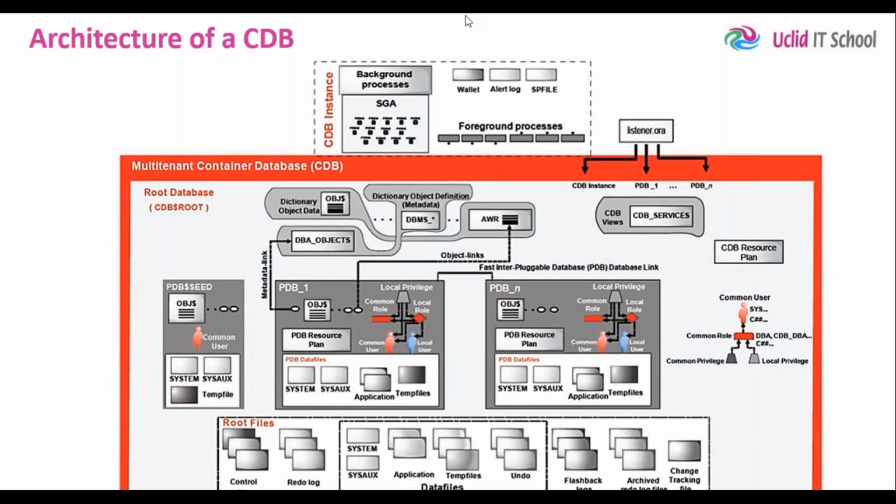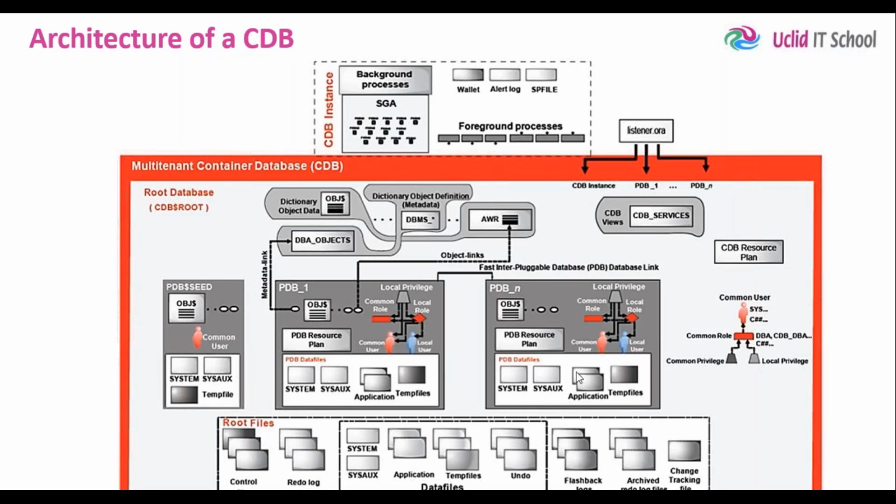And you have the listener; you need only one listener. You don't need to create separate listeners for each of these PDBs, because from the outside world, it is one single database. A container database is one single database, but inside it has multiple pluggable databases. So when you start one listener, which is the default listener, your CDB will register with the listener, and each PDB will register with the listener.